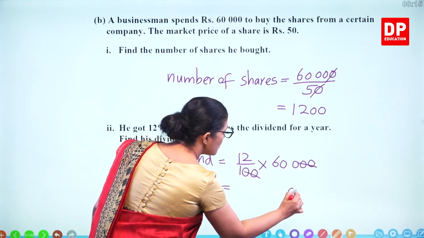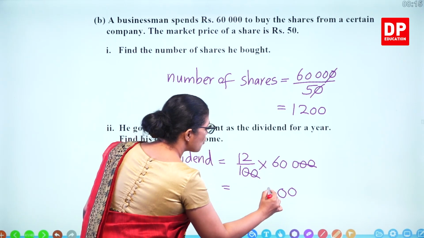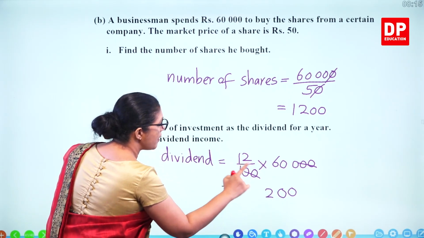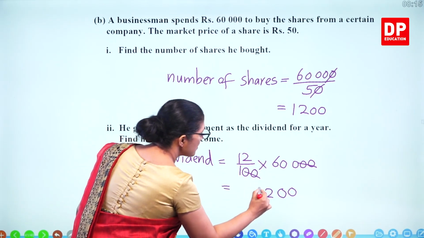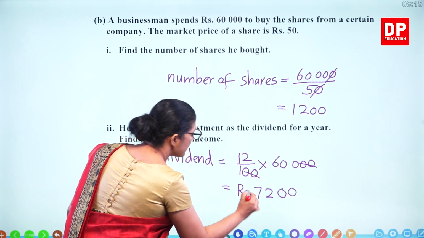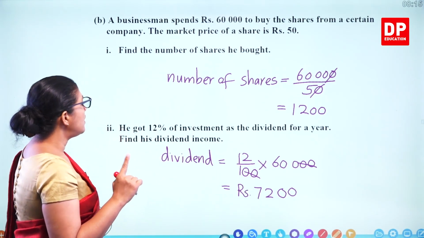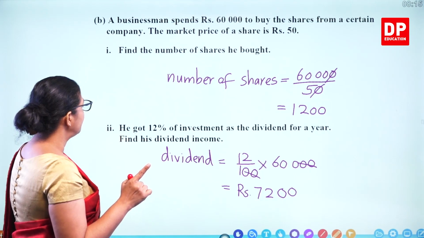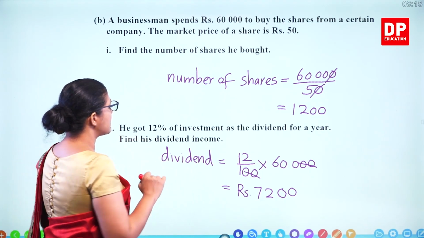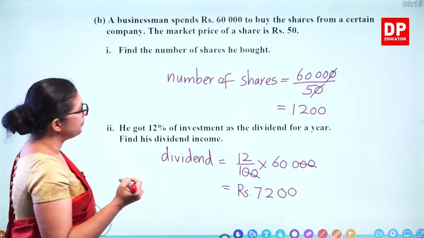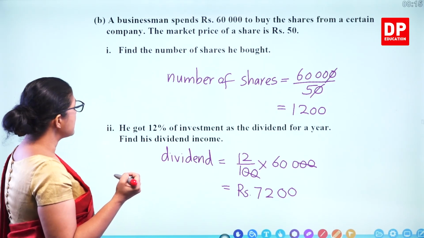You get 2 zeros here. 6 times 2, 12. And 1 remaining. 6 times 1, 6 plus 1, 7. So that's the annual income from dividends. 12% of that. So that's the second part.